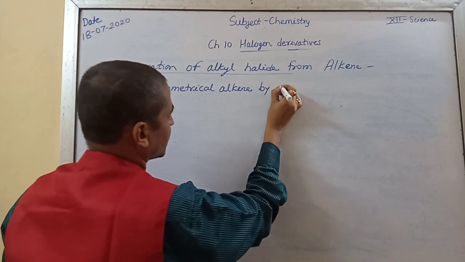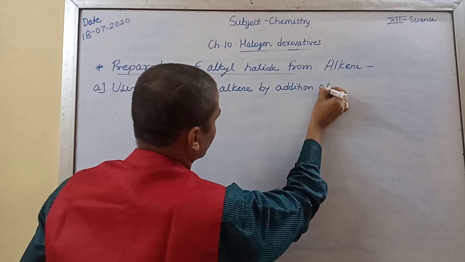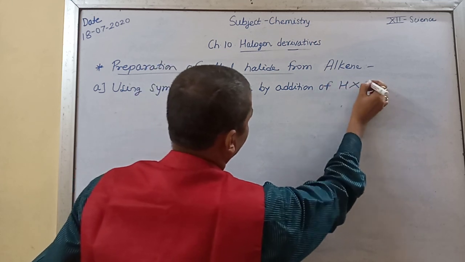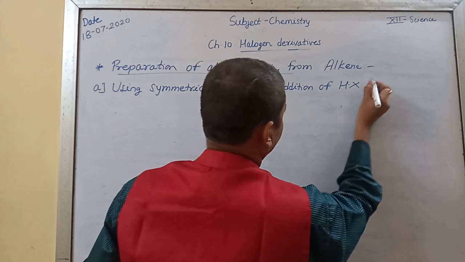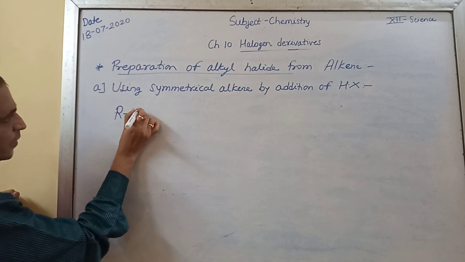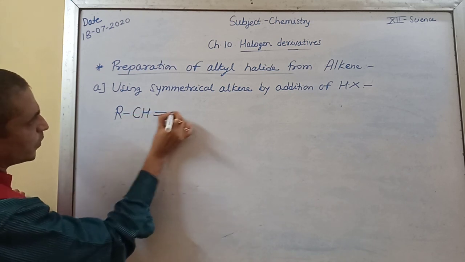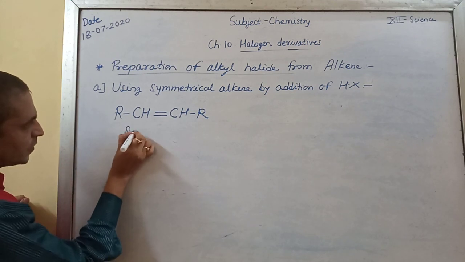By addition of hydrogen halide, that is HX. Symmetrical alkene can be written as RCH double bond CHR. It is a symmetrical alkene.